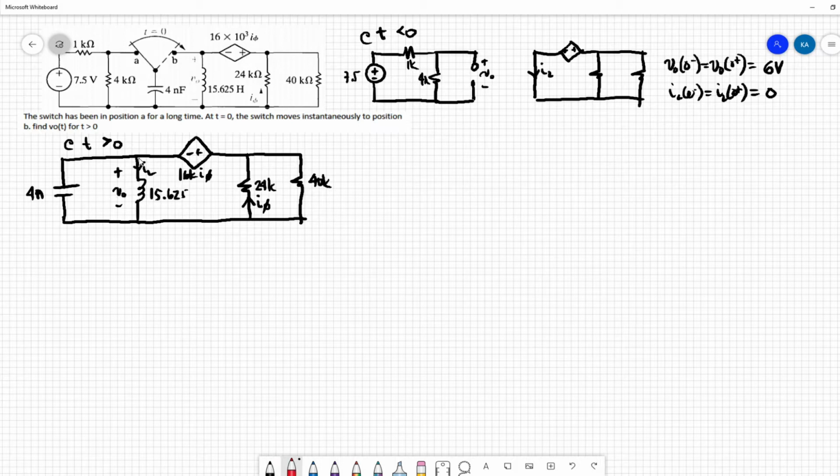We can solve the expression for v of t using nodal analysis. We have A, B, and we have our reference.